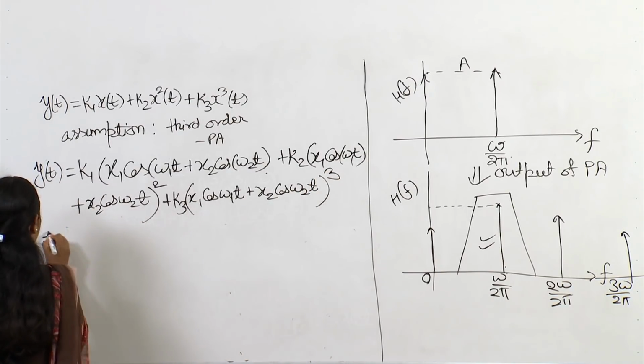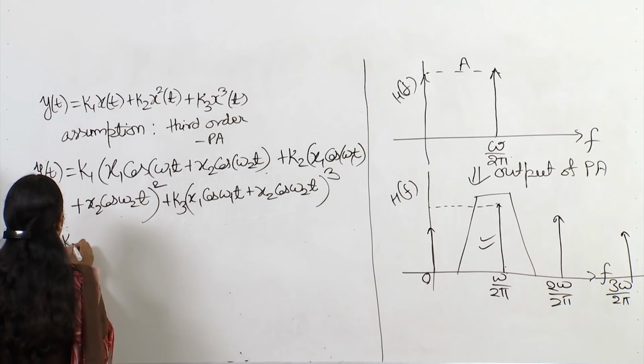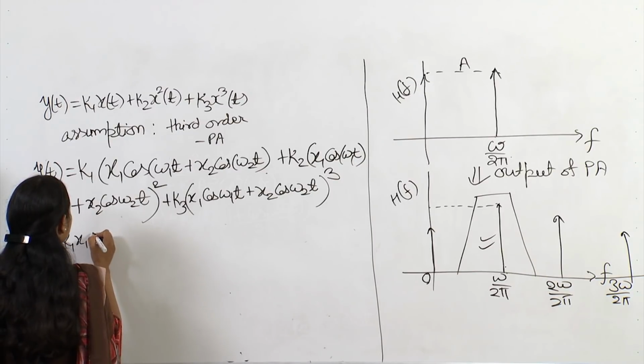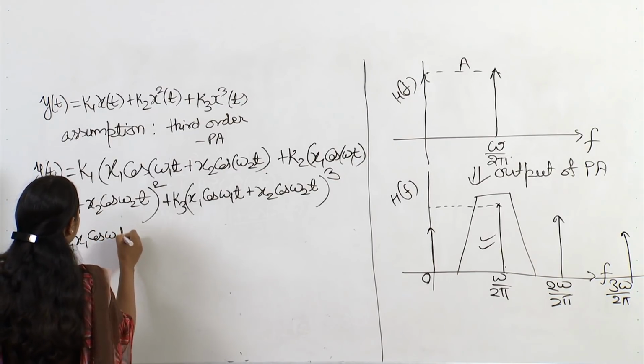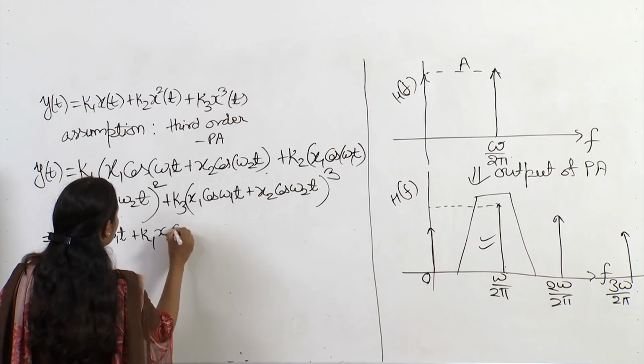So we will be opening the expression for this one. So this part will be intact. So it will be k1 x1 cos omega 1t, k1 x2 cos omega 2t.